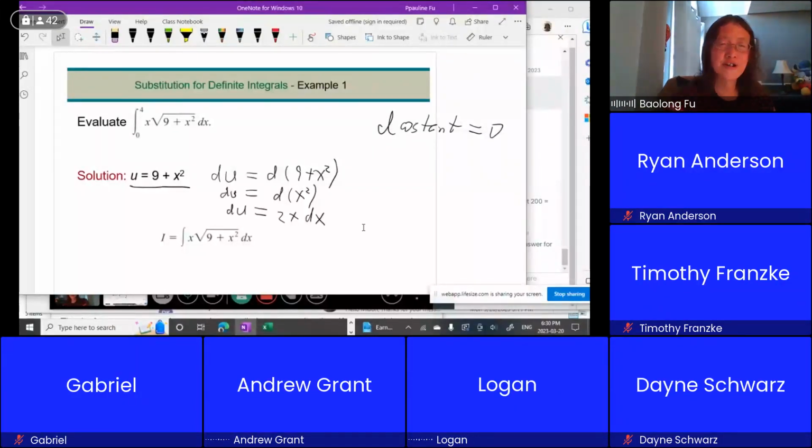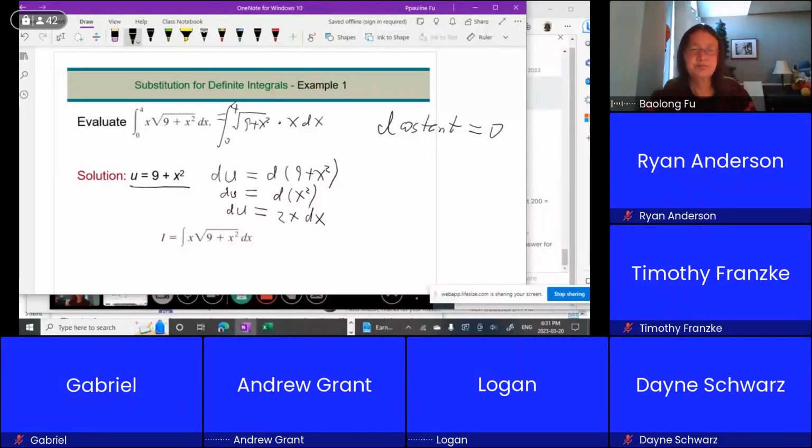Now, I rearrange the original expression. I forget 0 and 4 first. So don't you agree the original becomes this? Is it the same? This is the original. Oh, yes. Any questions?